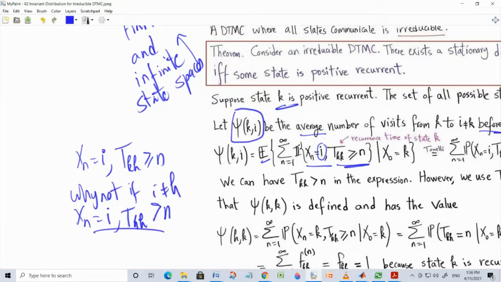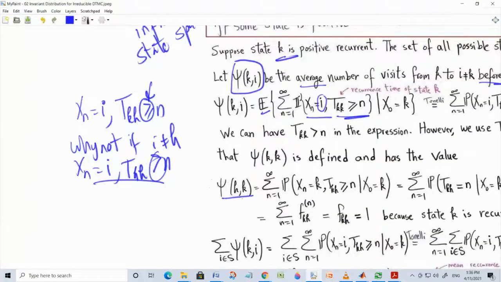It's revisited in more than n steps. So you can put it like this or like that, and the reason we put it like this is that we want psi of k and I to also be defined if we choose I to be equal to k. It's a technicality so that psi kk is defined.